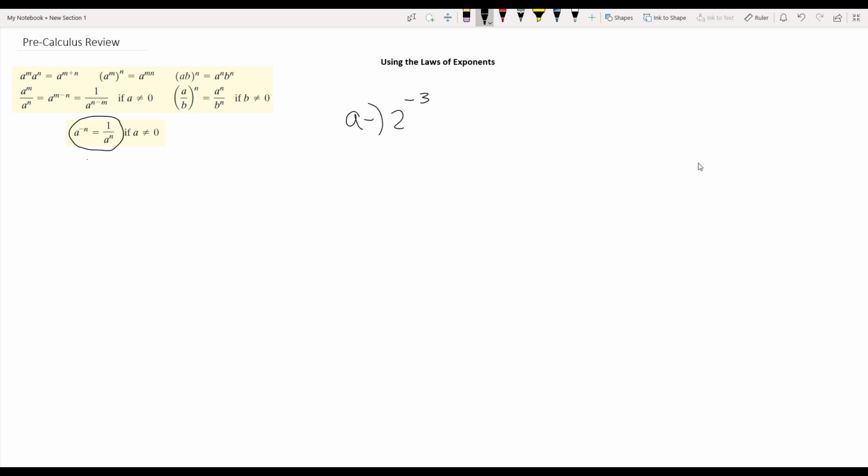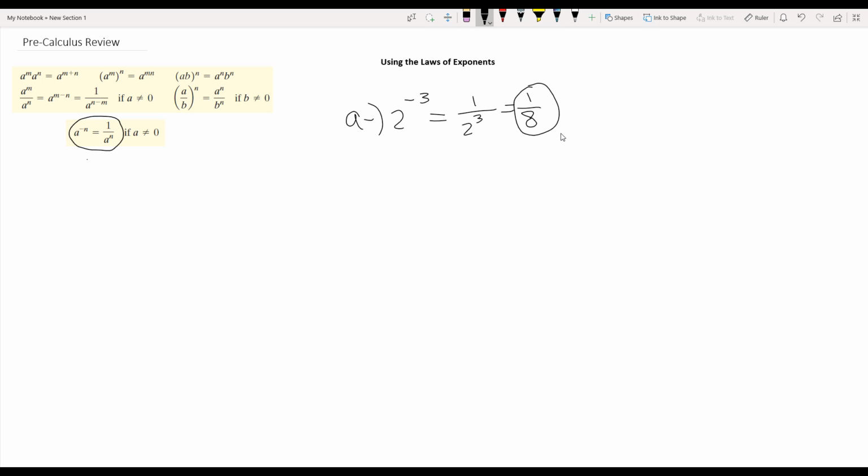Okay? So now obviously this will transform to 1 over 2 to the third power, right? And this will be equal to 1 over 8. Pretty simple and straightforward. Okay, so let's continue.